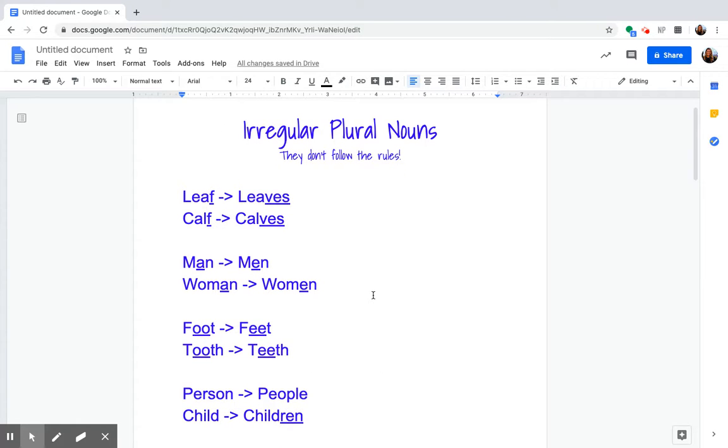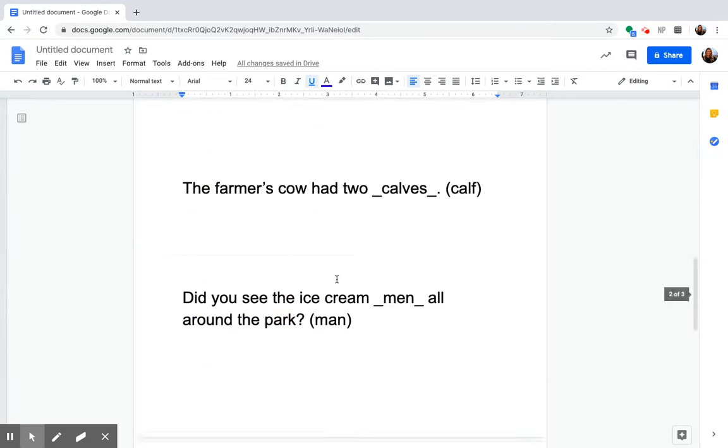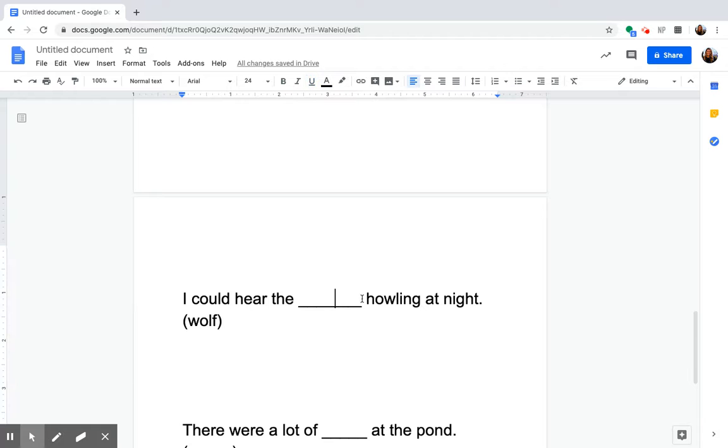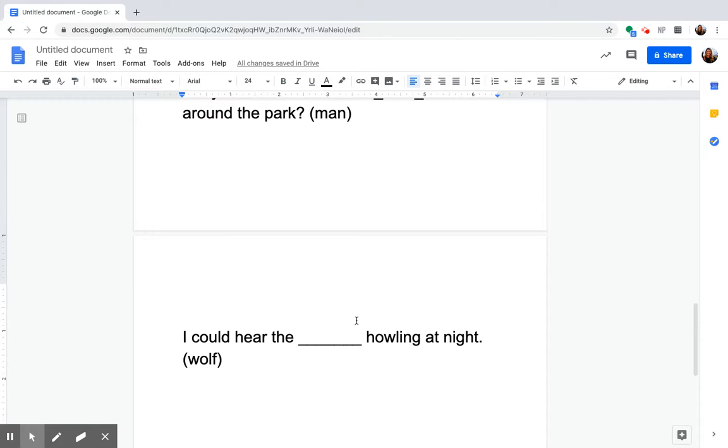Do you see it? Yeah, wolf ends with an F. So what does that mean as we change it to its plural form? We need to change the F to V-E-S. Give that a try. I could hear the wolves howling at night. How would you write that? Good job.